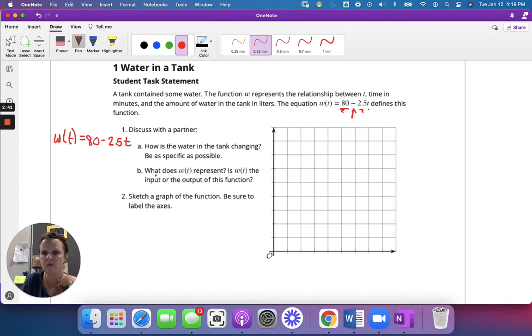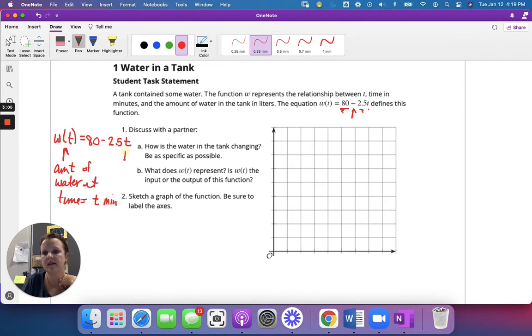W of T represents the amount of water at time equals T, and that was minutes.